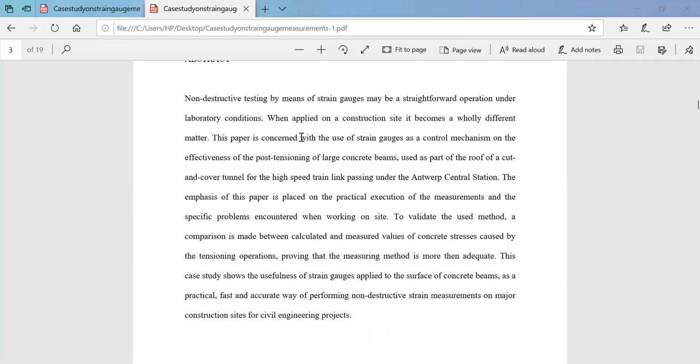This paper is concerned with the use of strain gauges as a control mechanism on the effectiveness of post-tensioning of large concrete beams. On the large concrete beams structured for the railway project, the tensioning that comes across is measured using strain gauges, because the beams are used as part of the roof of a cut and cover tunnel.